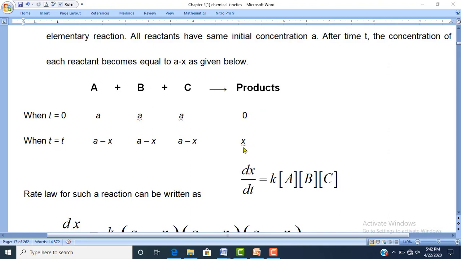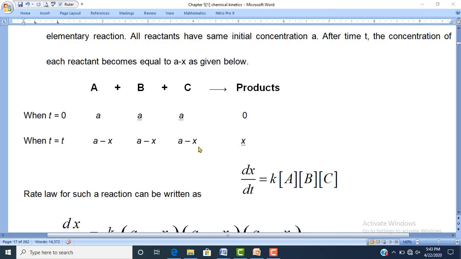Obviously, this x mole of the products have been produced from the reactants A, B and C. So the remaining concentration of reactant A after time t will be a minus x. And the concentration of reactant B after time t will also be equal to a minus x. And similarly, the concentration of reactant C after time t second will also be equal to a minus x.